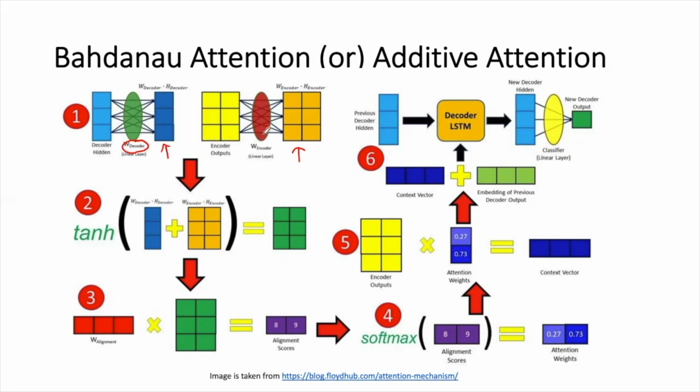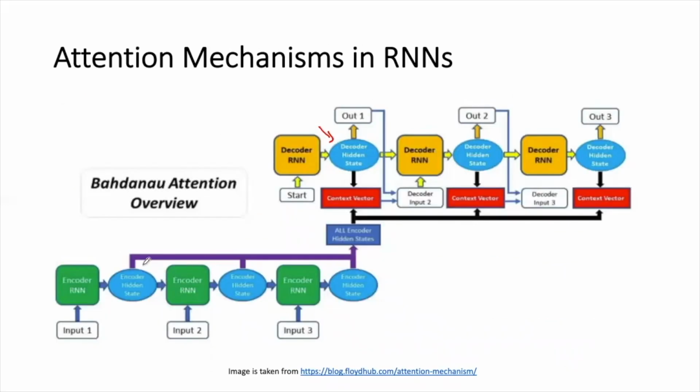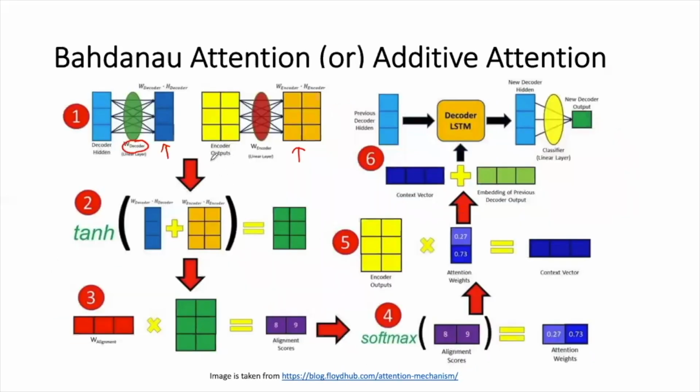Similarly, we have the encoder outputs. Each of these is a different vector, and all of these vectors are basically the encoder outputs. The encoder outputs are multiplied by another matrix, W encoder.